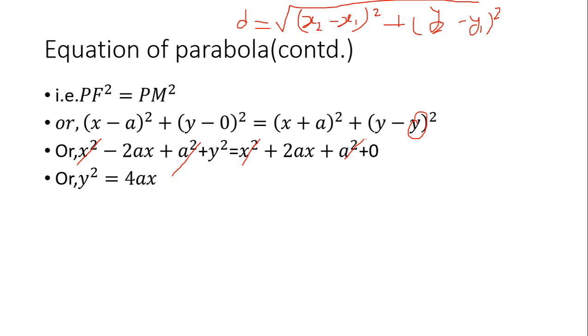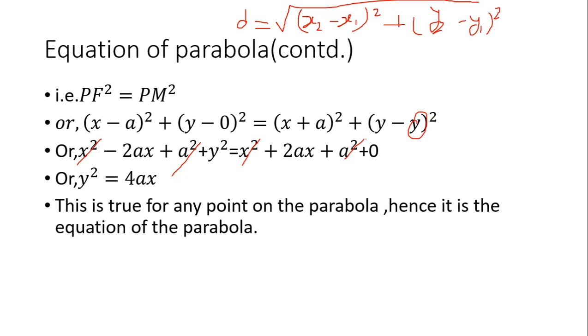Now y square equals 2ax, and this minus 2ax goes to the other side and becomes plus, so y square equals 4ax. This is true for any point on the parabola, hence it is the equation of the parabola. So this is the standard equation of the parabola, or the equation of the parabola in standard form.